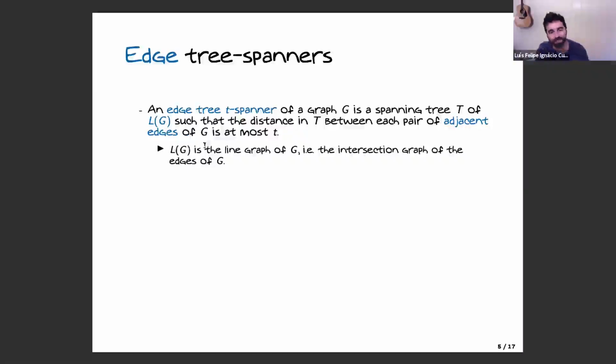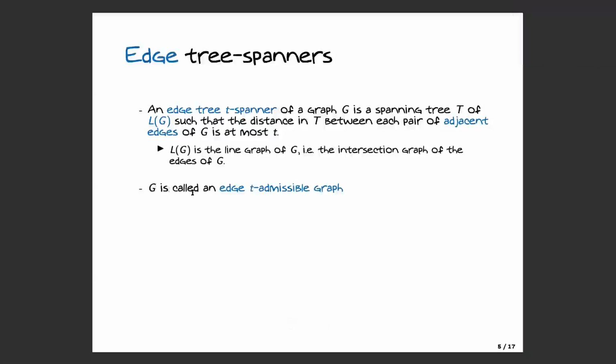Just to recall, a line graph is the intersection graph of the edges of a graph. So it is very similar to the previous concept, but now we are looking at distances between edges in the graph. And we say that if G has such an edge tree t-spanner, then the graph G is an edge t-admissible graph.